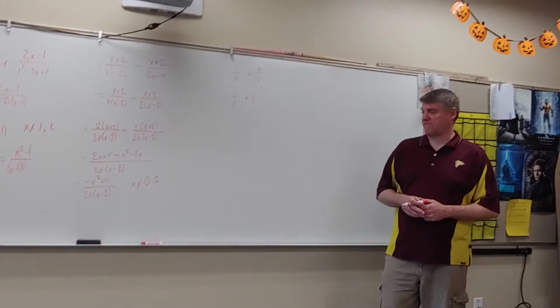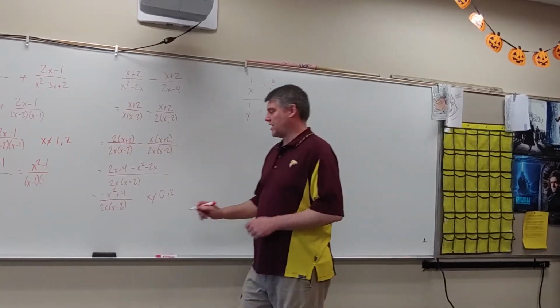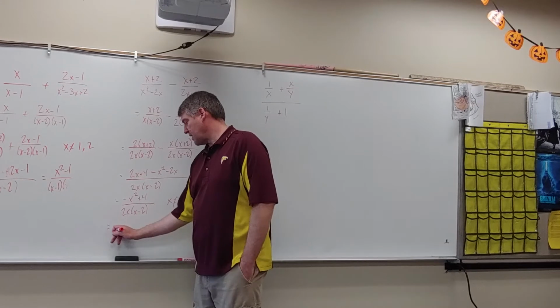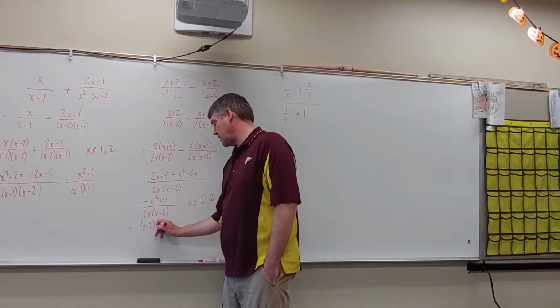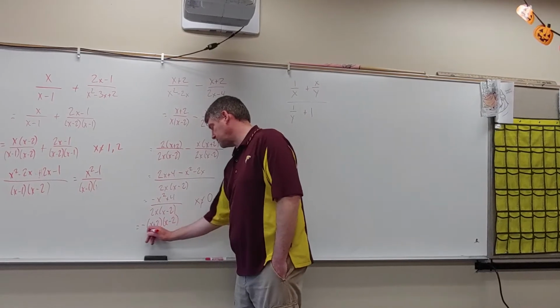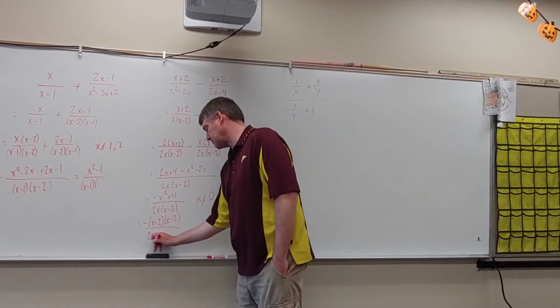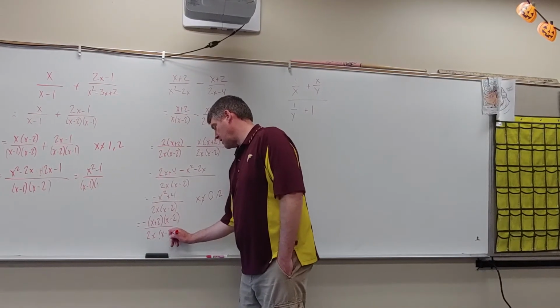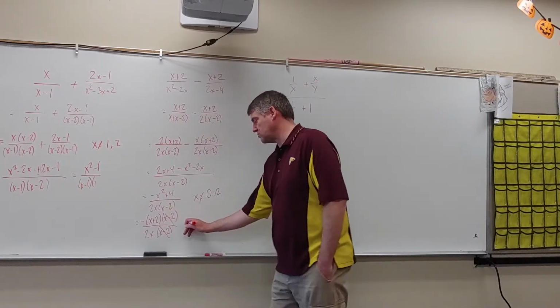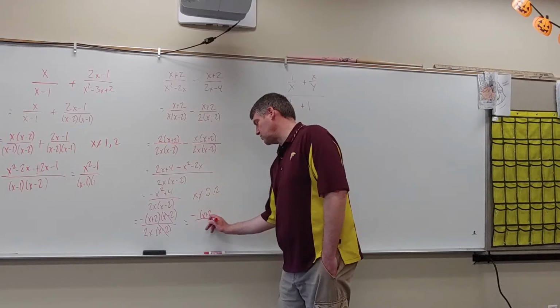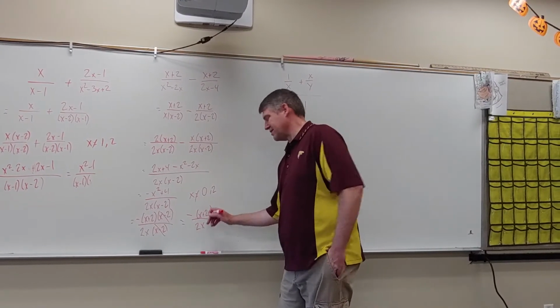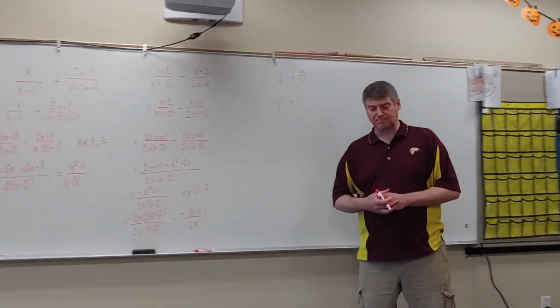I'm going to start by factoring out a -1 here, and this actually factors into x plus 2 and x minus 2. Here you can see that the x minus 2's cancel out, so I get minus x plus 2 over 2x. You could distribute your negative sign in there.